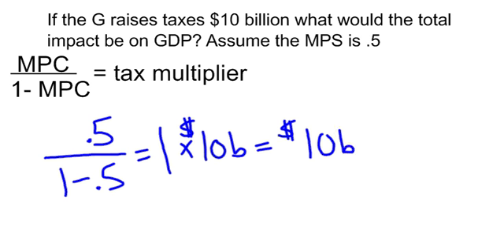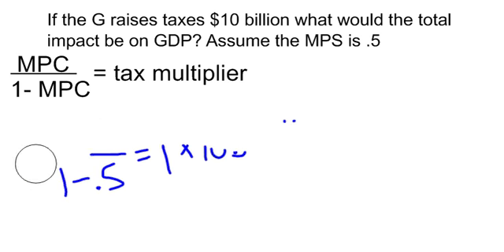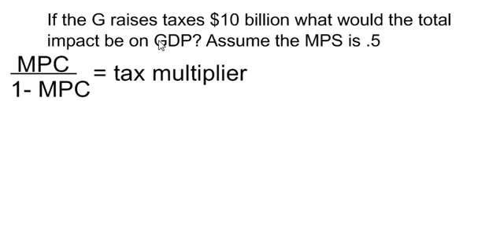Simple enough. If you don't want to use a tax multiplier, you can use a spending multiplier. You're just going to have to make one adjustment. So our spending multiplier is still 2, because 1 over 0.5 equals 2. Now, our initial change in spending is not going to be $10 billion.